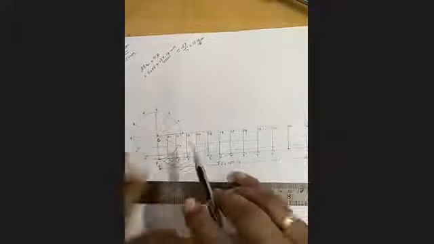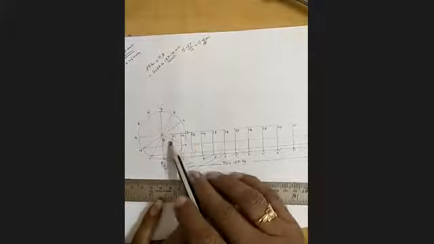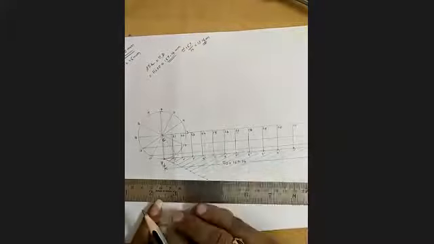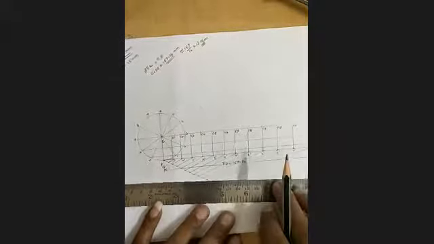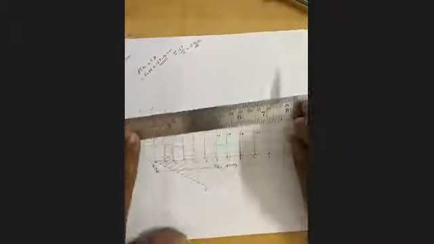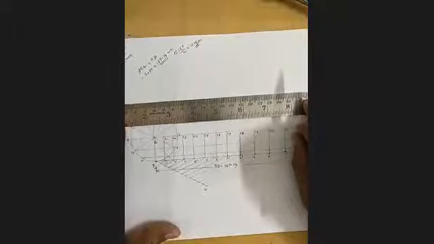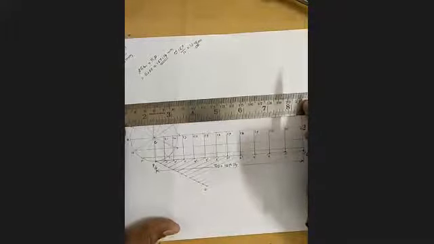Now 2, 3. Now 3. No need to draw because the CD line is already overlapping. So 3 is already there. Go for 4. That's why I told you CD and 3, 9 may overlap.